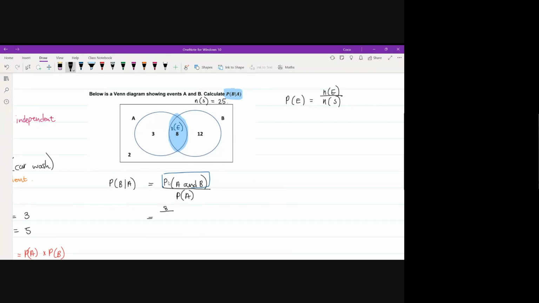That's it. So the probability of A and B needs to be 8 over 25, divided by the probability of A. So the probability of A now is going to have to be all of this. This is my entire event size. So what is the probability of A going to be? Remember, this is my event size.